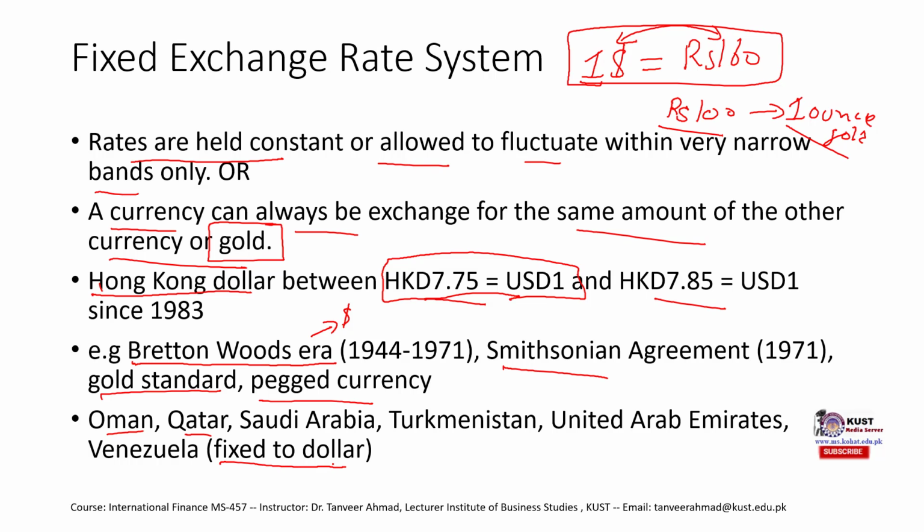So, for example, $1 is equal to 3.2 dirhams, and it has been this way for quite long. The reason is that the government of UAE had fixed the exchange rate in terms of dollars.